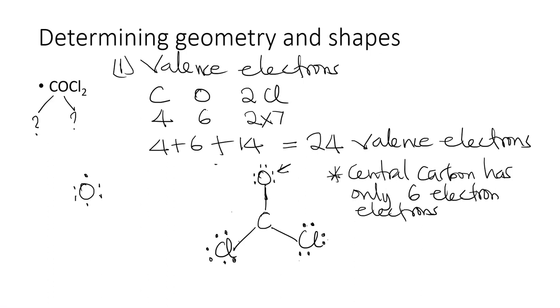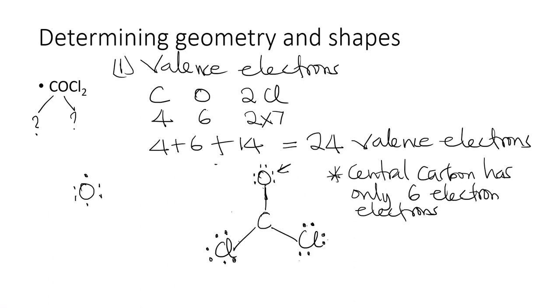Or if we assume that in a chemical bond, oxygen is just offering one of the electrons, and the other electron is being offered by carbon. So if we just take one electron for oxygen in this chemical bond, we'll see that oxygen has 1, 2, 3, 4, 5, 6, and 7.